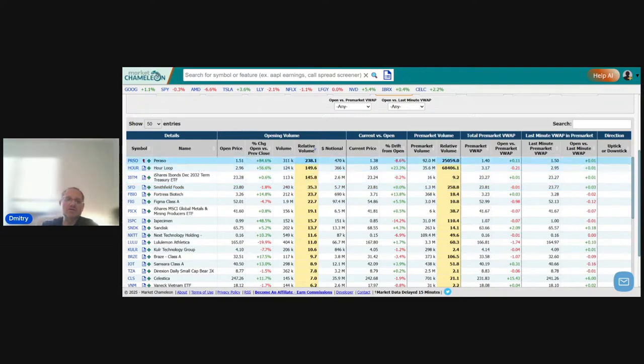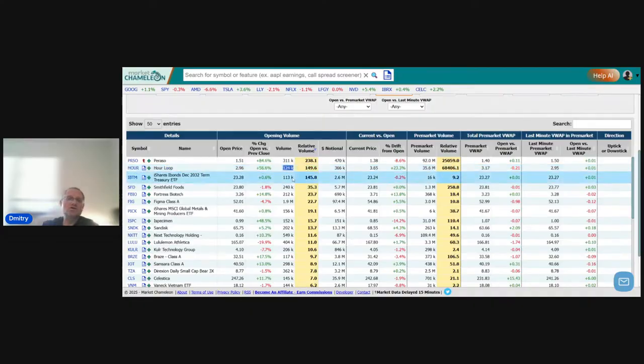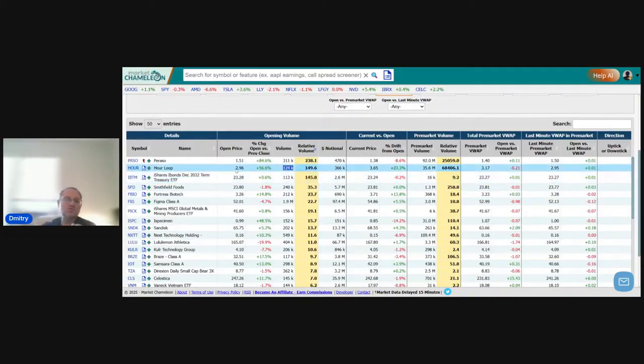So let's say this particular stock was so hyped up in the morning or overnight that you had this huge accumulation of buy orders, because this one stock's up, and everybody rushes in at the same time.